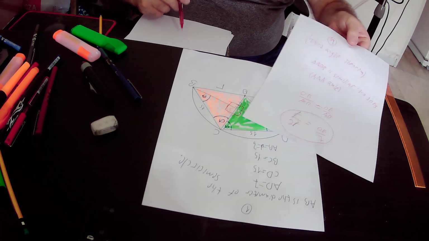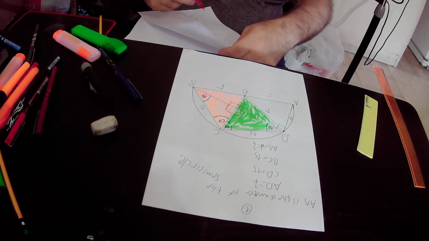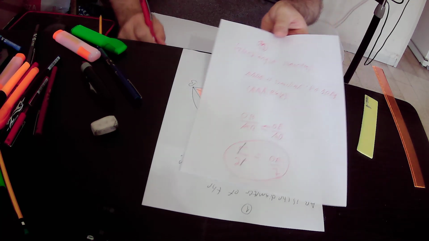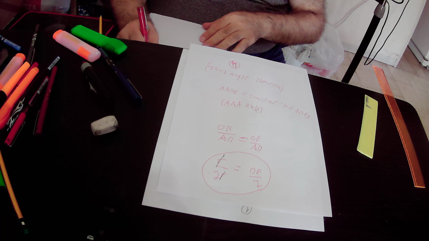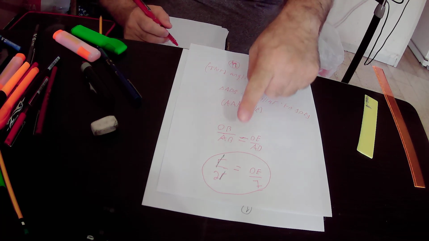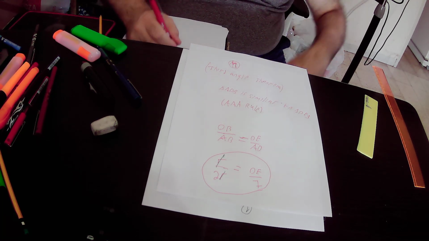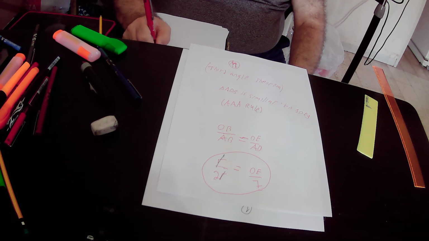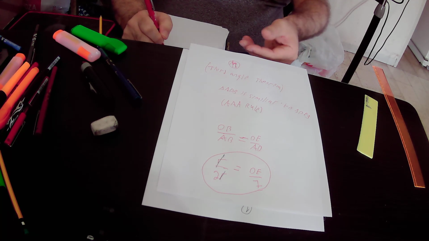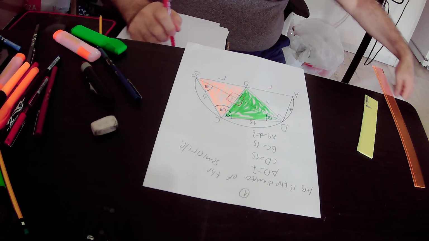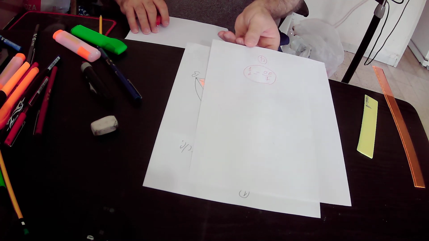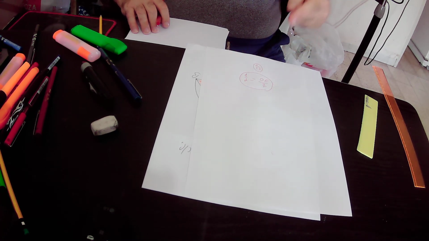So we actually found that 1 over 2 equals OE over 7.